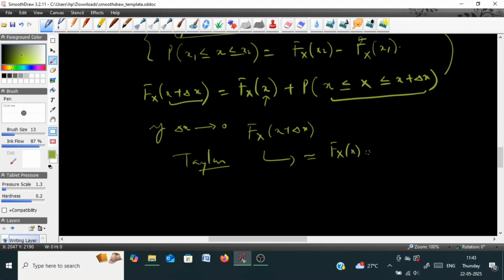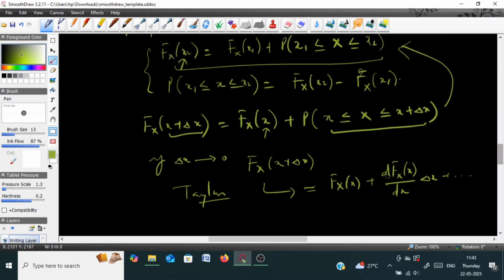F_X of x plus dF of x divided by dx into delta x, and you have higher terms, okay, double derivatives, but you just approximate it using the first order derivative, because when delta x approaches 0, in the next you have delta x square, then delta x cube, so those higher terms can be ignored.